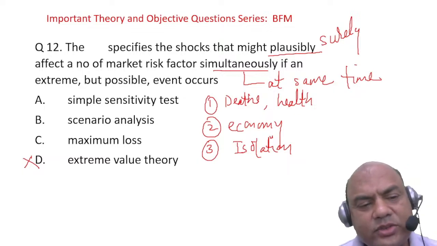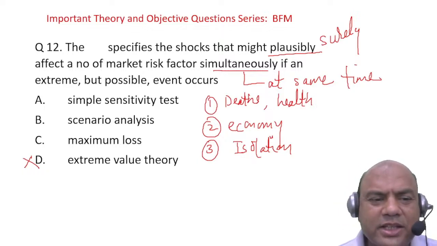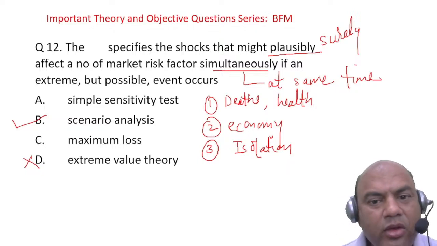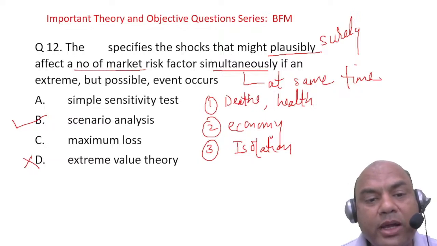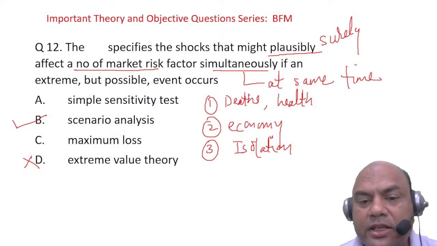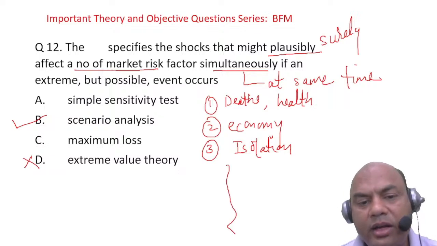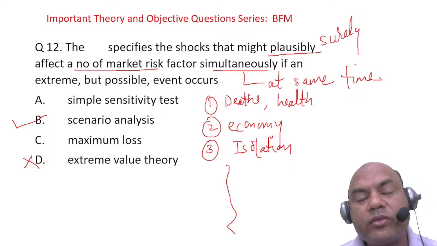That's why I say join the classes, paid classes, at very lowest cost. The answer is scenario analysis. Scenario means various scenes. I gave you that hint. Number of market risk factors: death, health, economy, isolation. There can be many. In scenario analysis we consider various scenarios.